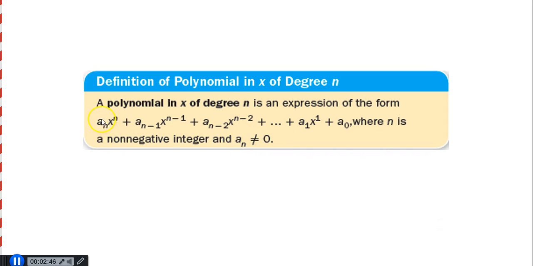In other words, this first term has to be a number that's not 0, because if this number is 0, then this will go away, and then we don't have a polynomial at all because there's nothing there. So this number can't be 0. Again, that sounds maybe a lot scarier than it actually is once we see this in context. This complicated looking thing is not as complicated as it might seem at first.